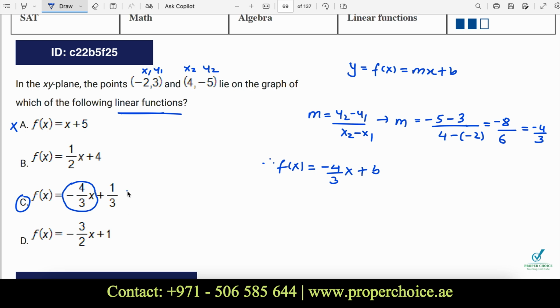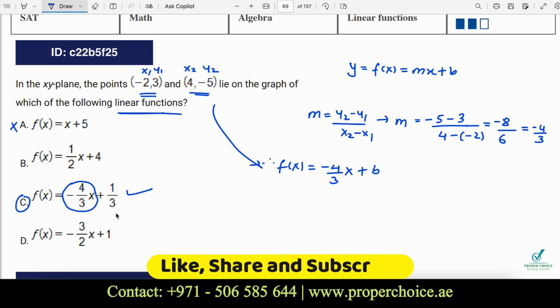So option C is the right answer to this question. If there are multiple options with the same slope of minus 4 by 3, then you have to substitute any of the points in this equation and solve for b. If you do the same thing, you will definitely get b as 1 by 3.